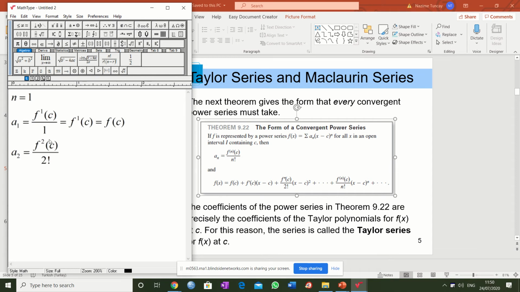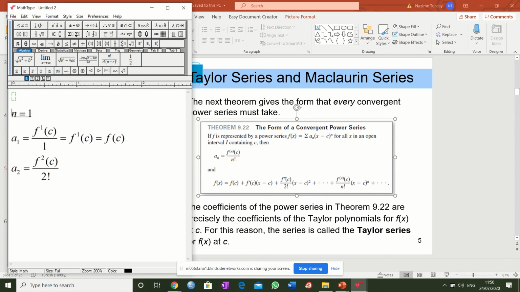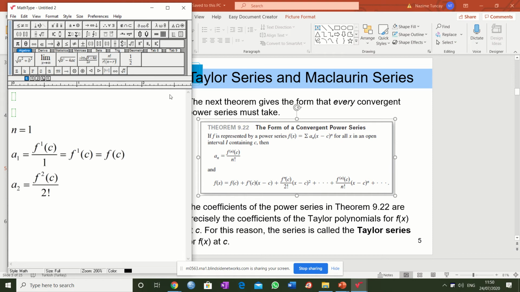Look here: what we are calculating is not this f function. Let me open this f(x) a little bit. f(x) equals a_1 (x minus c) to the power 1, plus the summation of a_n (x minus c) to the power n.